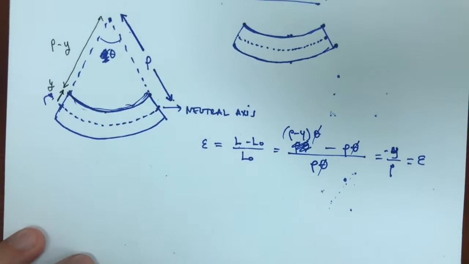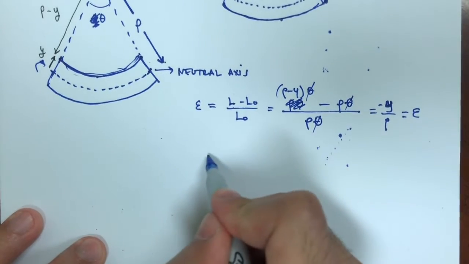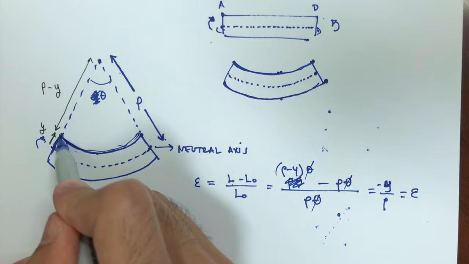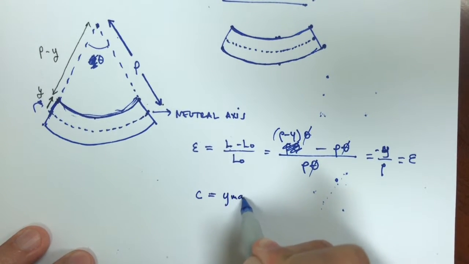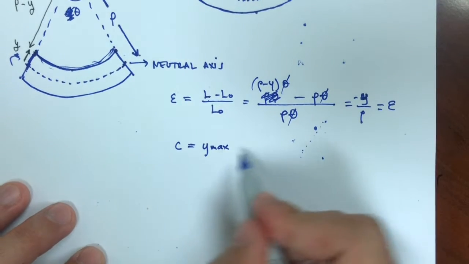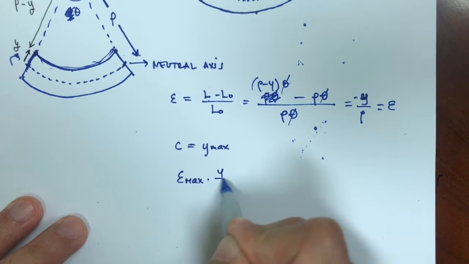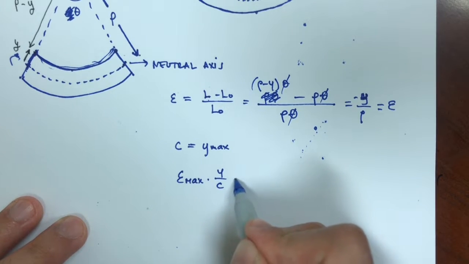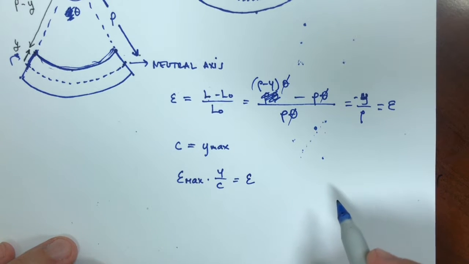And so again, just like I did before, by defining the maximum and the minimum, this epsilon, if y would be c, so going all the way up or going all the way down, where c is just my y max, I can define that epsilon max times a fraction y over c, so whatever y over the maximum y, multiplied by my epsilon max, would be equal to my epsilon for the deformation.